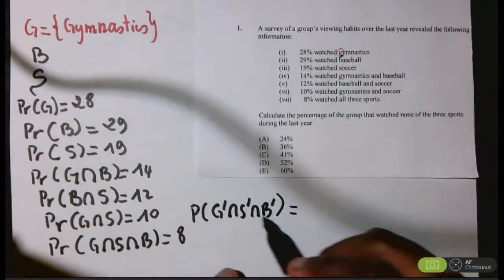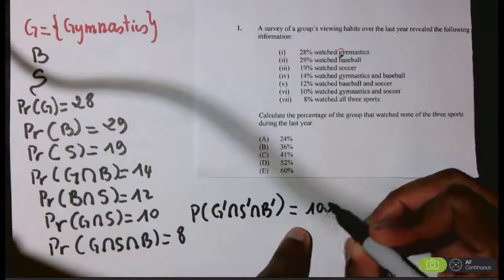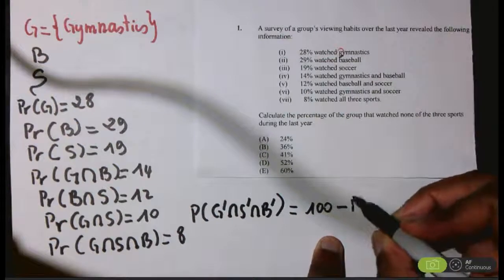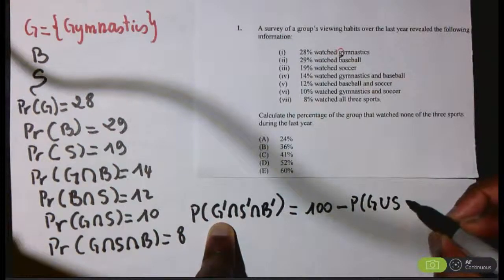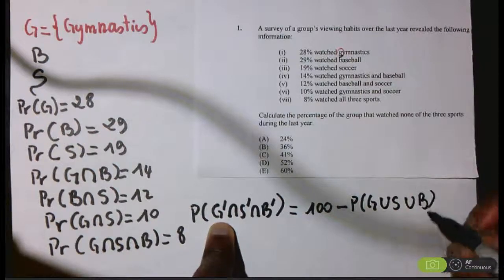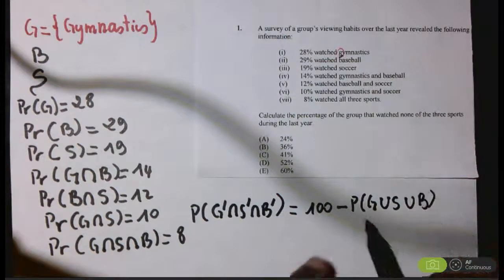Since we are dealing with percentages, it's going to be 100 minus the probability of gymnastics union soccer union baseball. That's what we need.